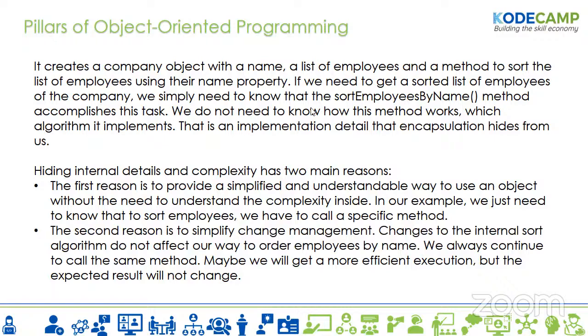The second reason is to simplify change management. Changes to the initial sort algorithm do not affect our way to order employees by name. So for instance, if I have a method that I've set up for encryption and a method for verification, and tomorrow I decide I don't want to use Bcrypt, I want to use maybe another SHA algorithm, I can change the method just in the folder where the file for the methods is.